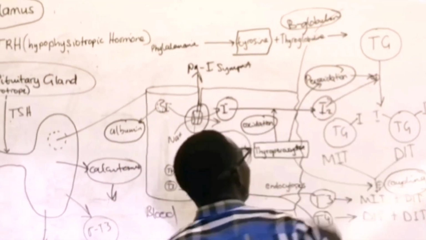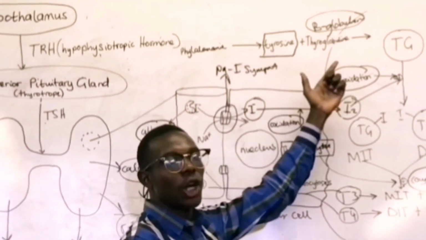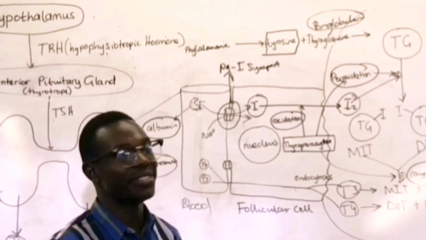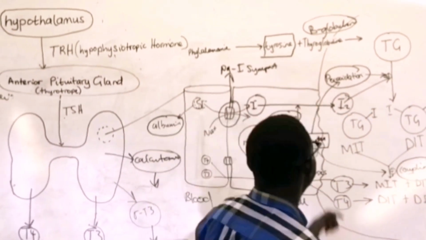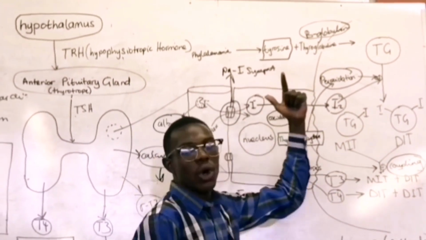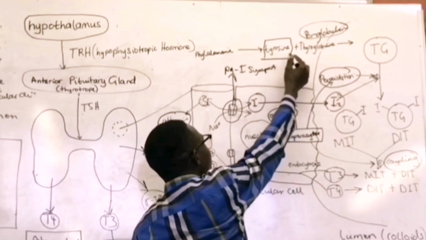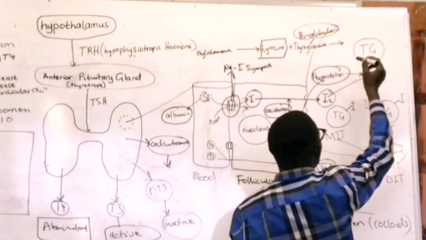Right? In the blood we have plasma proteins, and the beta globulin is produced from the liver. So the beta globulin is going to bind tyrosine. What's the name of that beta globulin? It's thyroglobulin. So we say tyrosine plus thyroglobulin, and we are going to have a complex here.